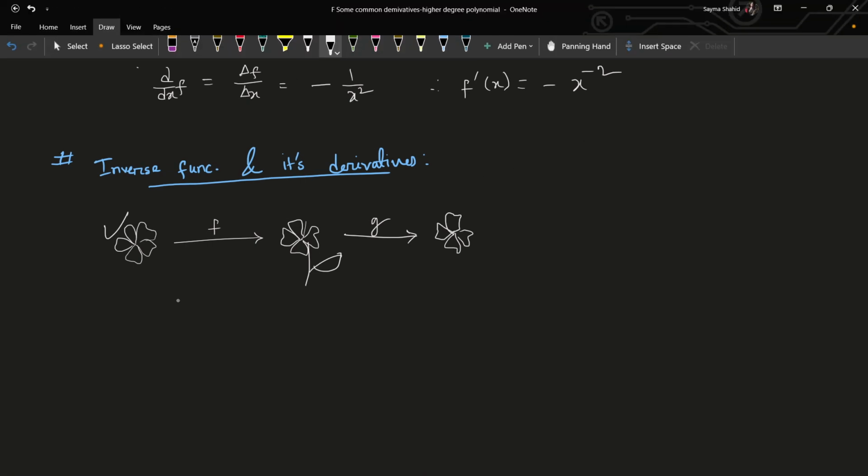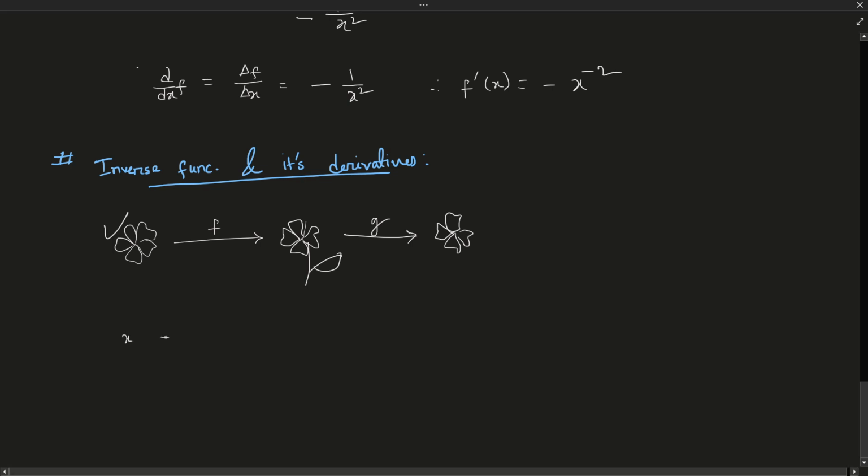Let's say this in a mathematical form. If we have x, it goes through something like f of x, suppose we get x square.